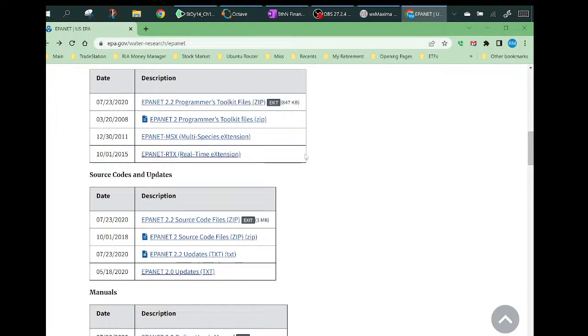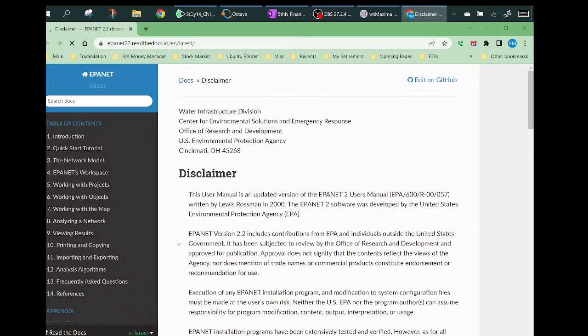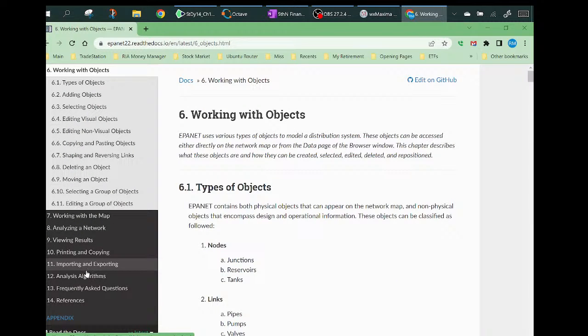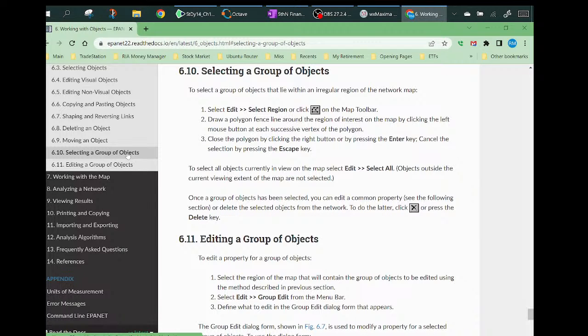And here's the, let me see if I can find this. Oh, here we go.